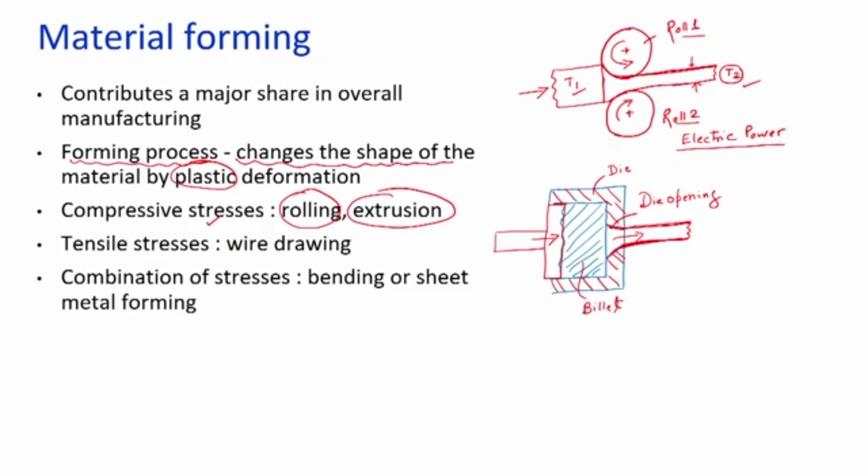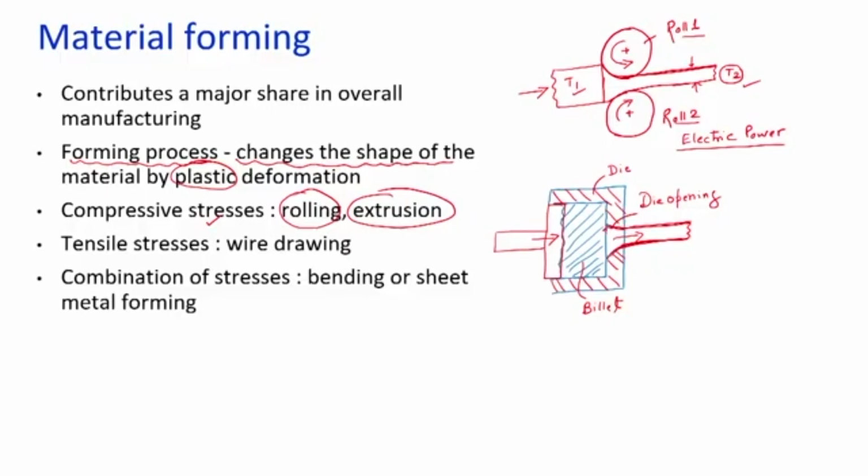So instead of applying compressive forces, if we apply tensile forces or tension in this process, that is called wire drawing. So in wire drawing, if we pull this material by using a certain mechanism through the opening of the die, then that process is called the wire drawing operation.